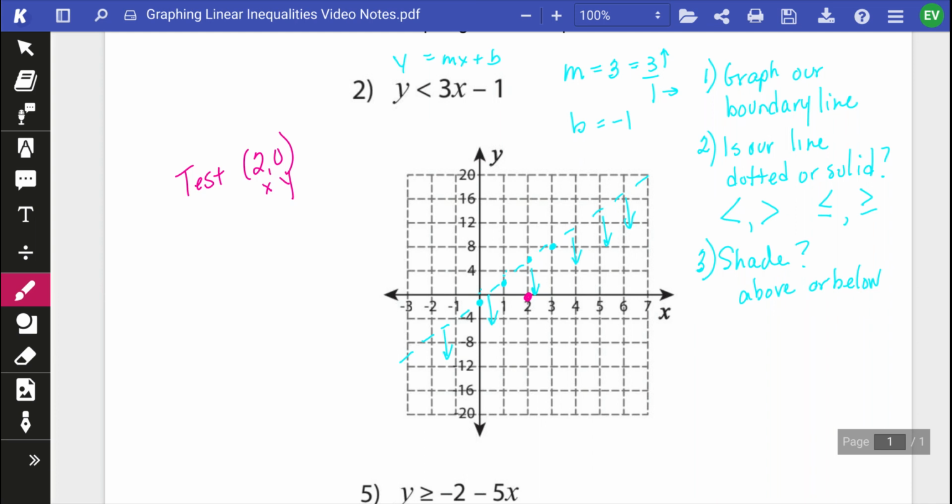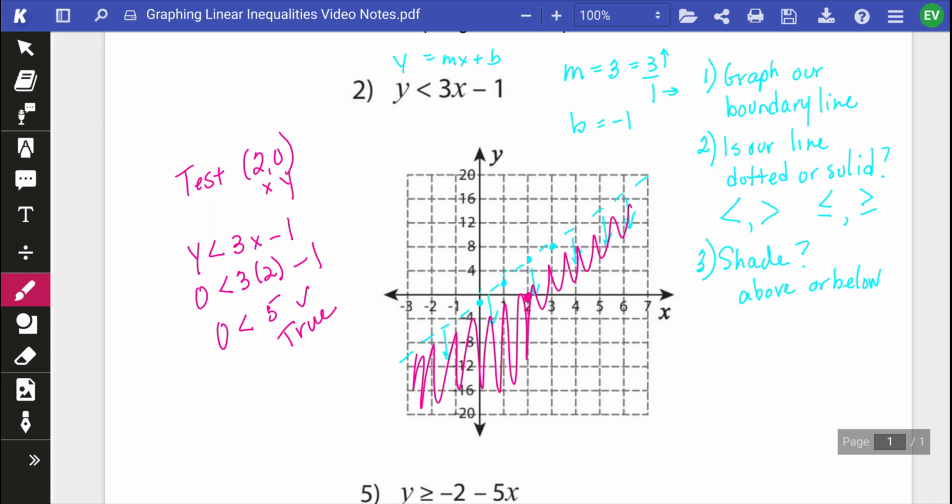So we're just going to substitute those into our original inequality. So y is less than 3x minus 1. So y is our 0, less than 3 times 2 minus 1. Well, 3 times 2 is 6, minus 1 is 5. Is 0 less than 5? Yes, this is true. Therefore, we can shade below. What we thought we were going to shade is the proper place to shade.